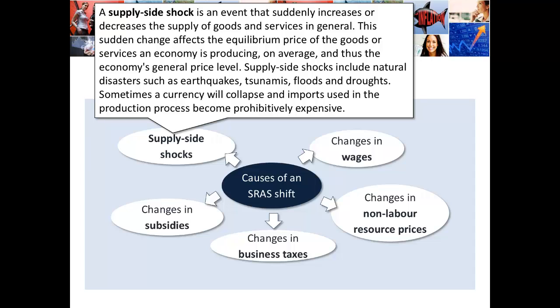Things that can be classified as supply side shocks include natural disasters such as earthquakes, tsunamis, floods and droughts. Occasionally a currency will collapse. I'm looking at you, Venezuela, at the moment, and imports used in the production process become prohibitively expensive. Short-run aggregate supply is going to decrease.